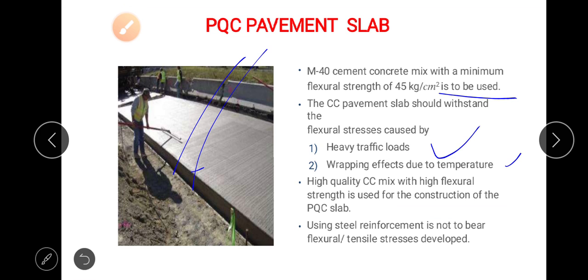The pavement will be bent, showing concave downward or concave upward, depending upon where the temperature is high. Especially in the midday, temperature will be high at the top layer, whereas in the midnight at the lower layer.